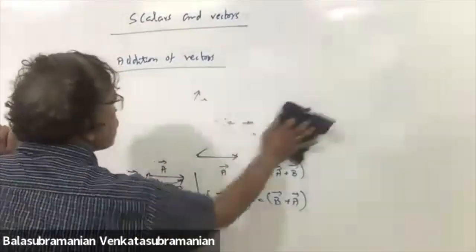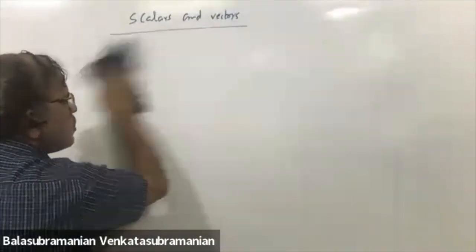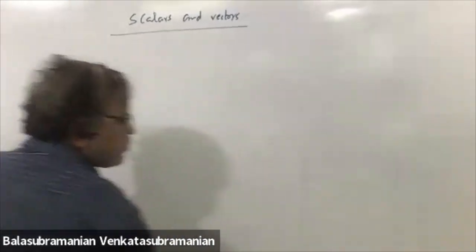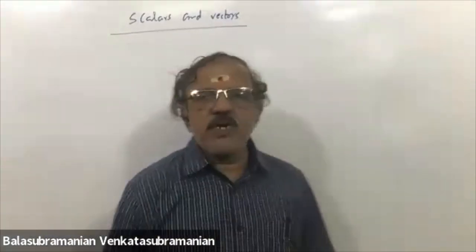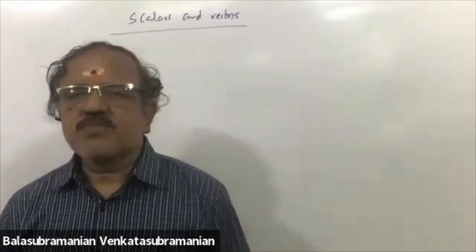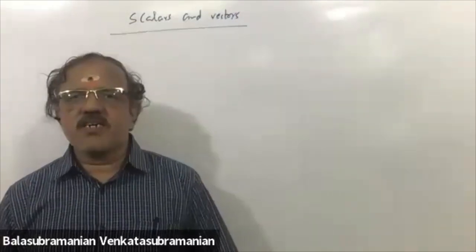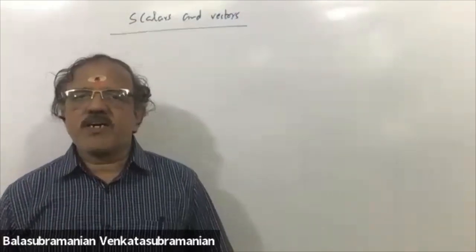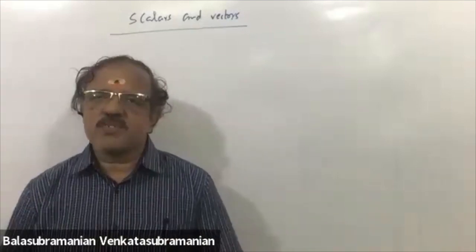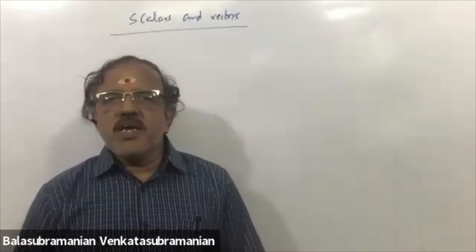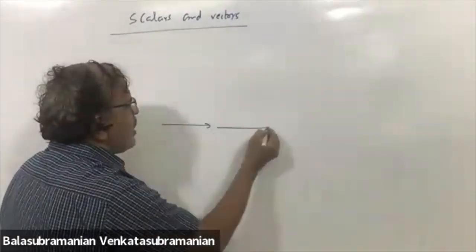Next. Types of vectors. We have different types of vectors. Collinear vector, coplanar vector, unit vector, orthogonal vectors. Like that, we have many types. Collinear: vectors representing on the same line.